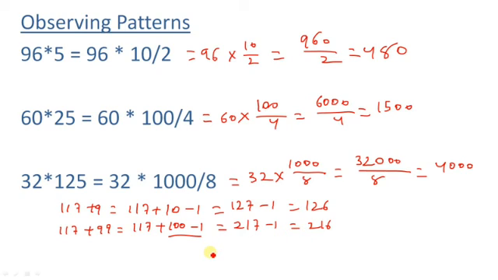Similarly, if I write 117 minus 99, subtracting 100 is easier than subtracting 99. So we can write this as 117 minus 100 plus 1.